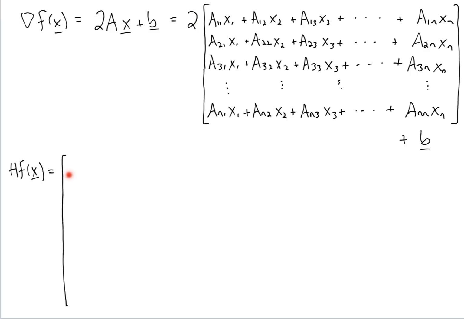So if we want the first entry in the Hessian, it would be the partial derivative of this first order partial with respect to x1. We notice that the partial derivative of that first entry with respect to x1 is 2 times a11.